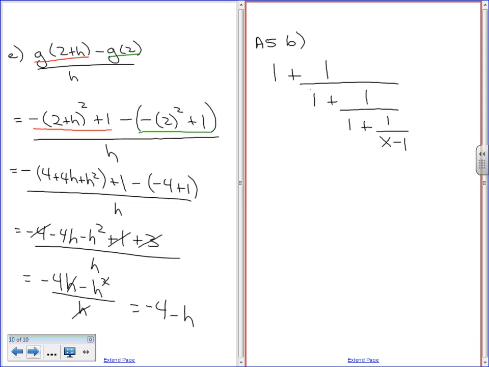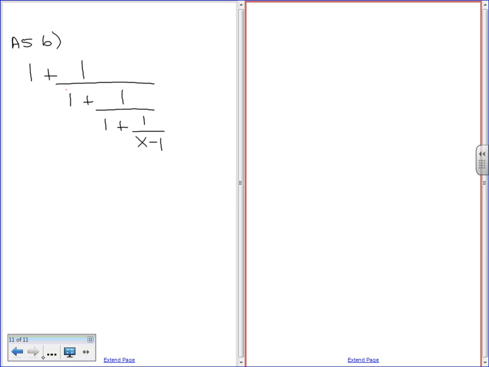Anybody have that learning guide? Okay, so this is one of those kind of BEDMAS and kind of keeping things in order type questions. So this means 1 plus 1 divided by this expression over 1 plus 1 divided by this expression.